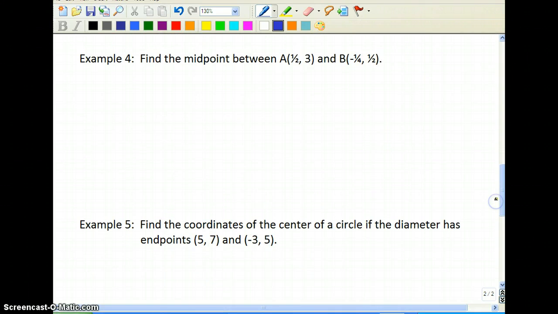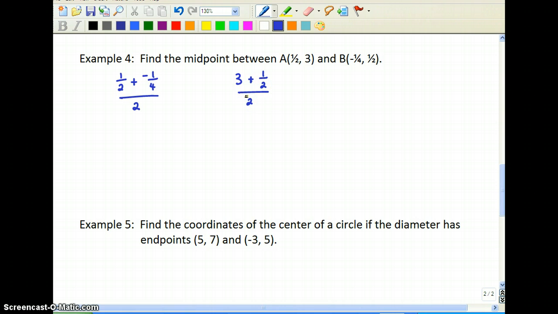Number 4, find the midpoint between the points 1/2, 3, and -1/4, 1/2. Again, calculator will be quite handy. Our midpoint formula is to add and divide by 2. So 1/2 plus -1/4 divided by 2, and 3 plus 1/2 divided by 2.